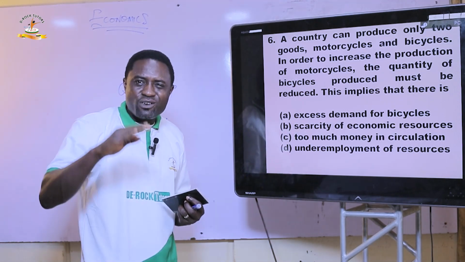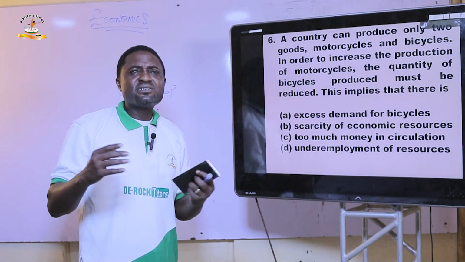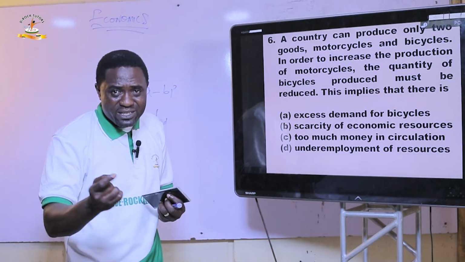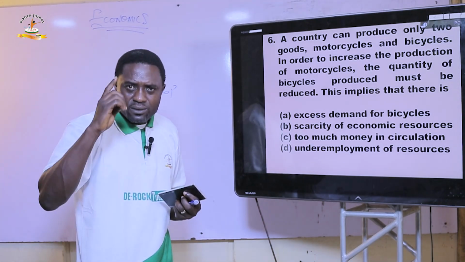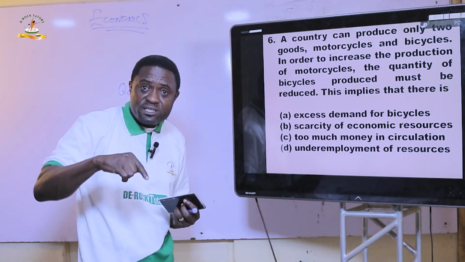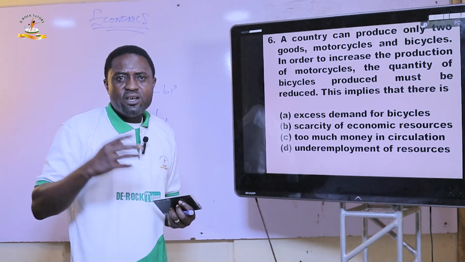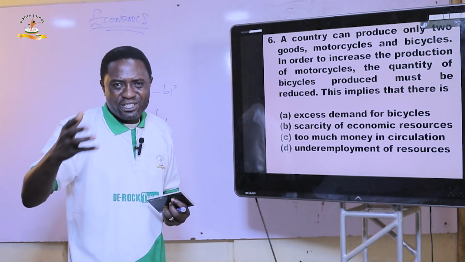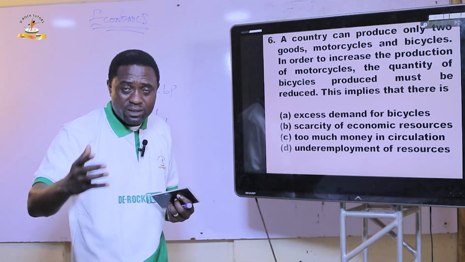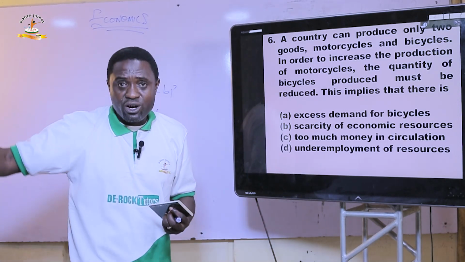So the reason why this is happening is limited resources. The reason we study economics is because of scarcity. The resources we have are not enough, even for an individual, and as a matter of fact, even for the government.